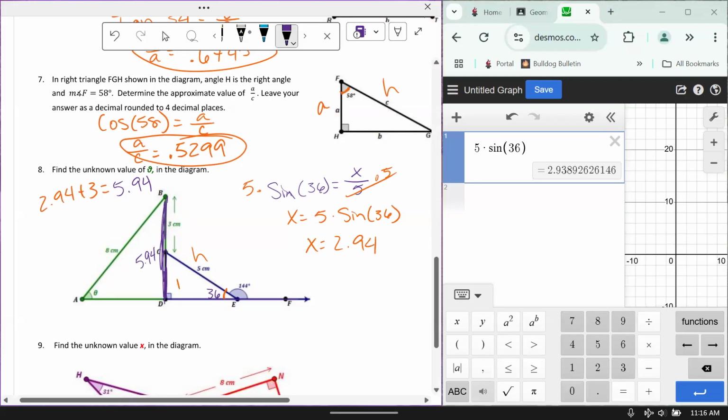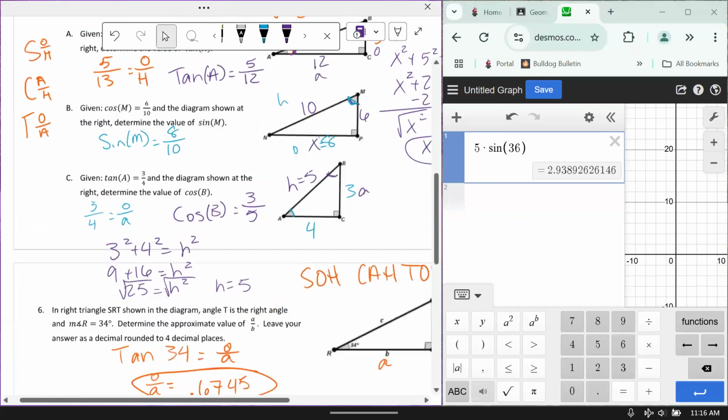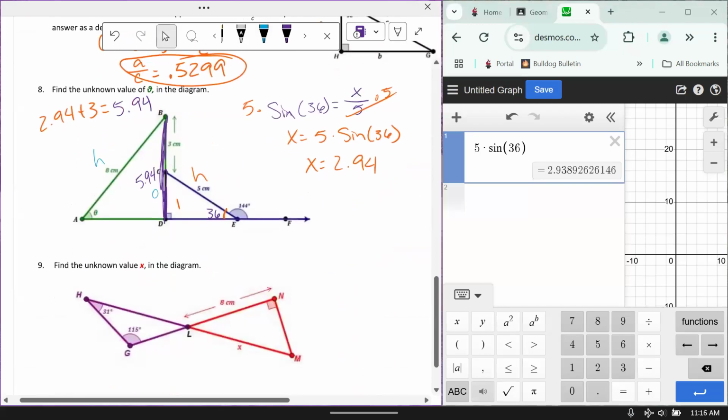We want to solve for theta. So in reference to that, 5.94 is our opposite. 8 centimeters right here, this guy is our hypotenuse. So that is going to be opposite over hypotenuse, right? Where's my SOHCAHTOA? Right here. Opposite over hypotenuse, sine. So we're going to have sine of theta equals opposite 5.94 over 8 centimeters of our hypotenuse.